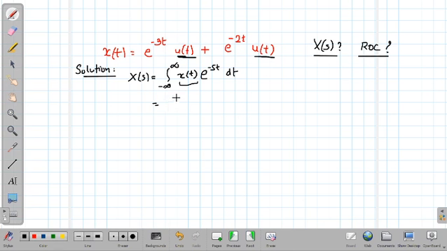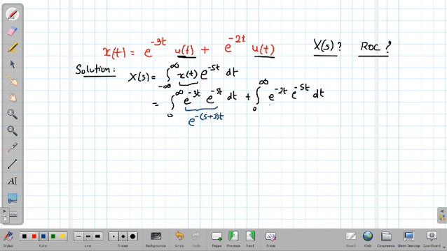So this is equal to the integral from 0 to infinity of e raised to minus 3t e raised to minus st dt, so I am splitting the terms, plus the integral from 0 to infinity of e raised to minus 2t e raised to minus st dt. This can be written as: e raised to minus 3t into e raised to minus st is e raised to minus of s plus 3 times t.